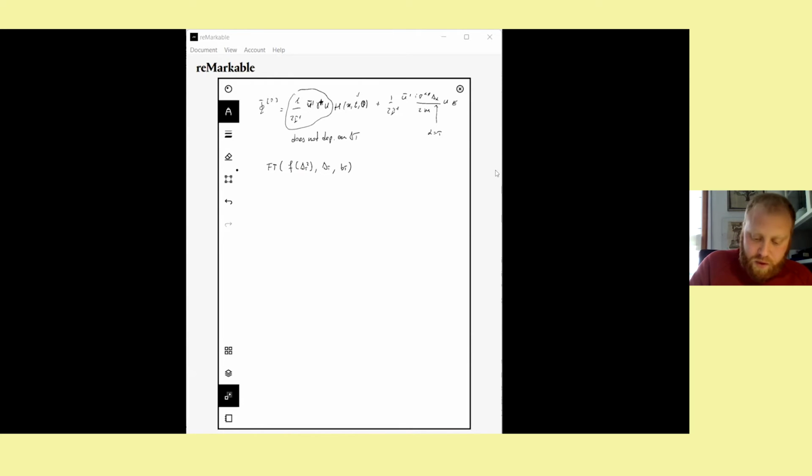If you are trying to compute something that depends only on delta t squared, you get the Fourier transform of f, let's call it a field or whatever, that depends on b_t squared. This is a very general result, and you can work out exactly what it looks like.